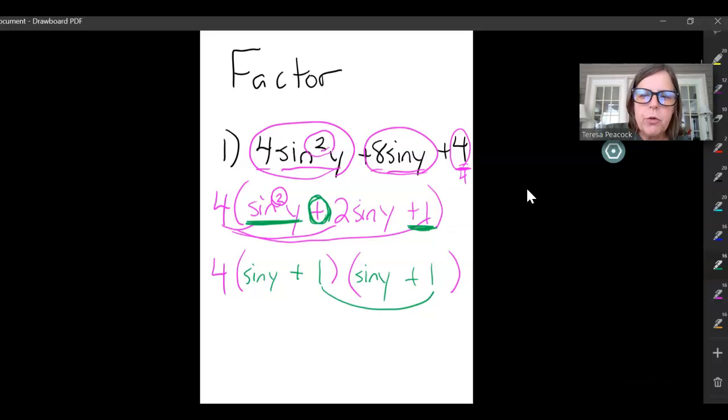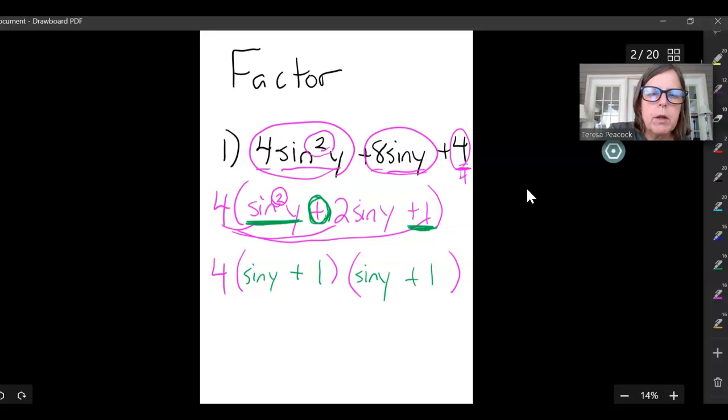Now, to check yourself, what we do is we FOIL it to see if we're right. Some people can do that mentally, but let me just show you what we're doing concretely here. If you multiply those two together, you would get sine squared y. Note where we put the power. If we do sine y times 1, we get 1 sine y.